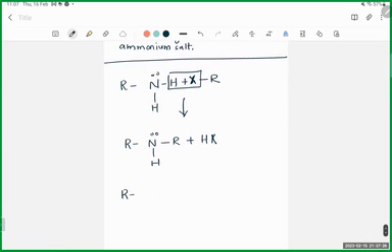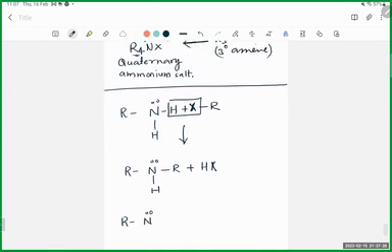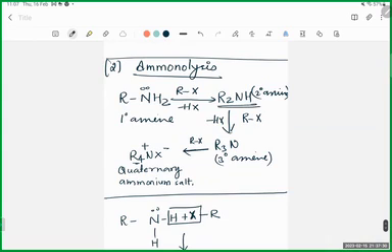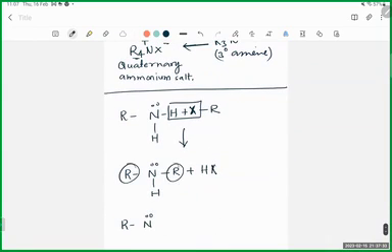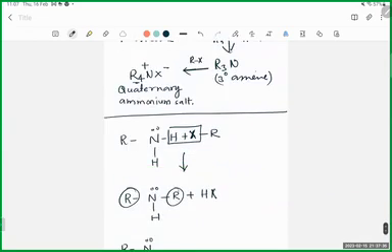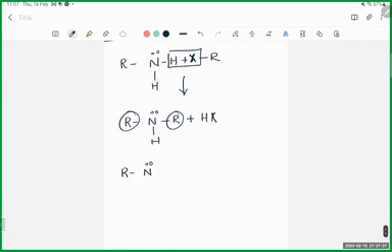Then again this compound is taken. This is called R2. Together, 2R. Look over here: R2, 1N and H. So R2NH. Clear, Hridaya? This will be taken again and treated with RX.